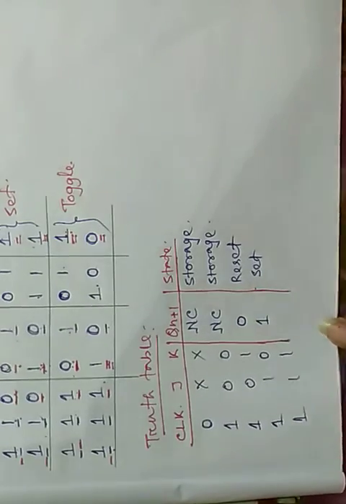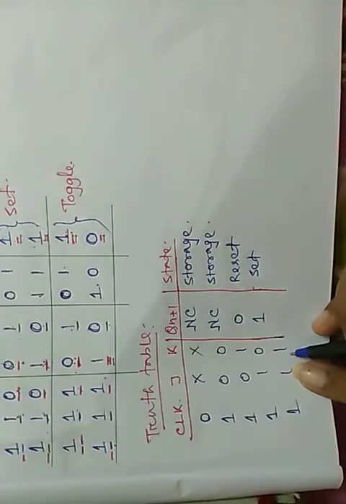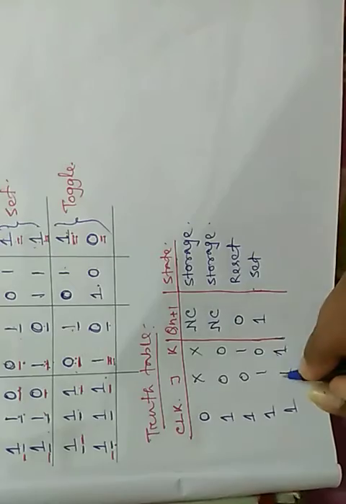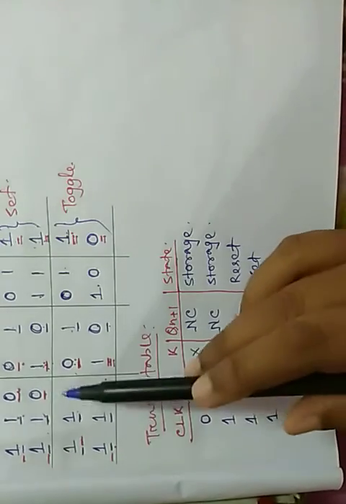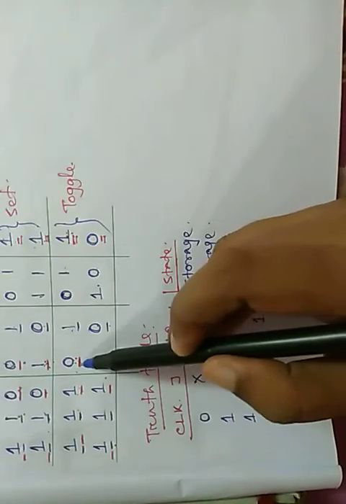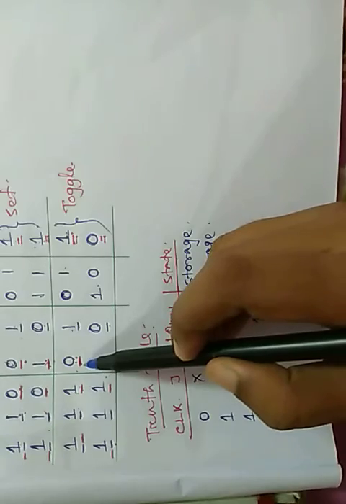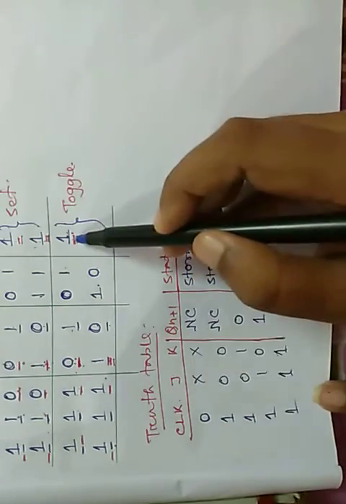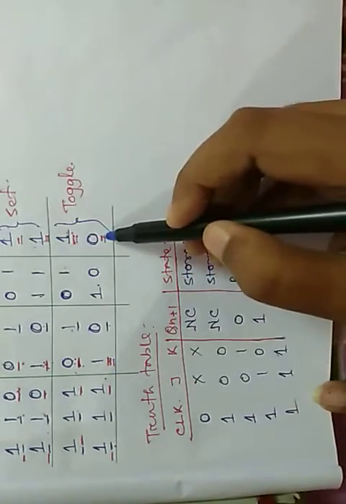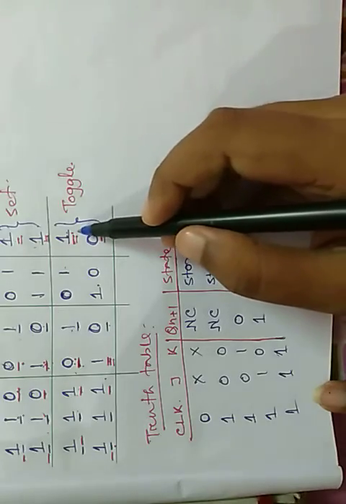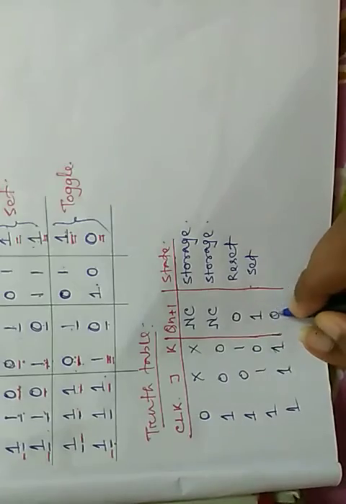And our last one is when both are 1, 1. When both are 1, 1, we can find out that when Qn is 0, output is 1. When Qn is 1, output is 0. That Qn plus 1 is the reverse of Qn.